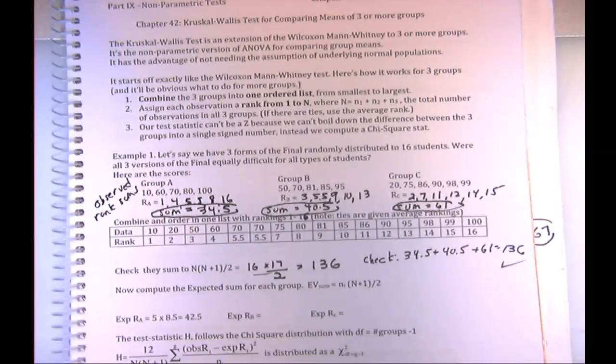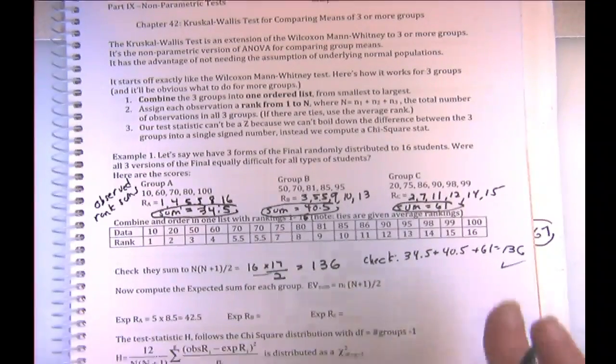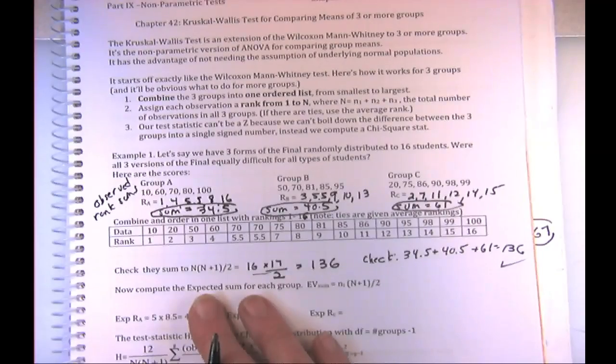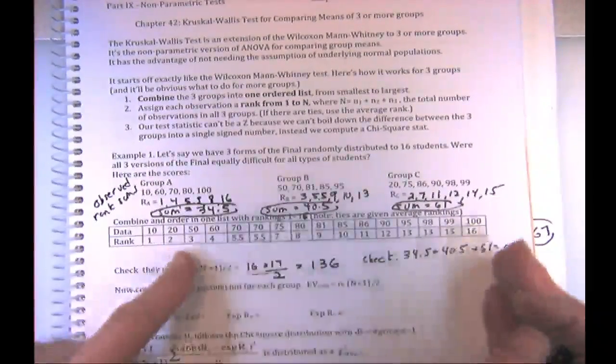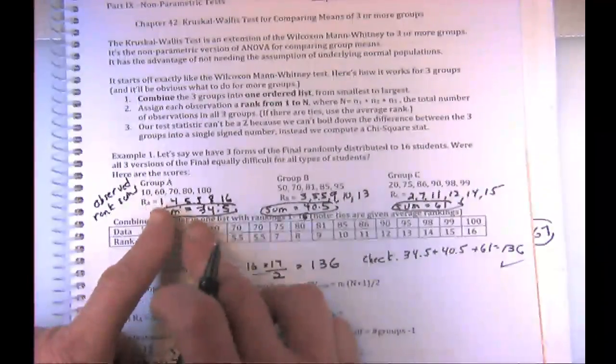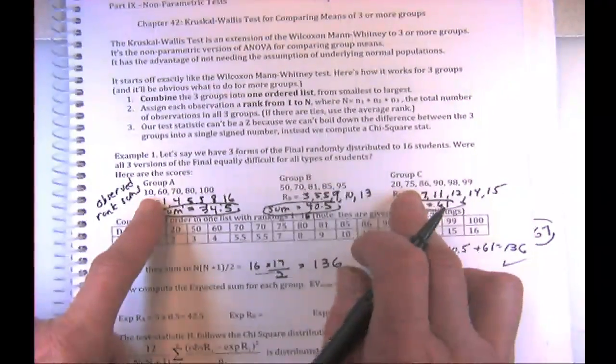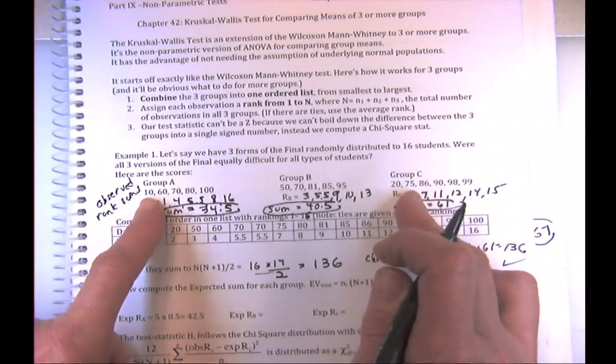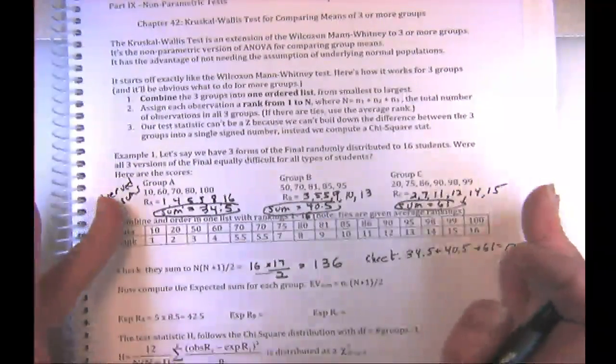Good. Now we're going to compute a statistic. Last time we computed the z statistic because we're changing these numbers to just integers between 1 and 16.